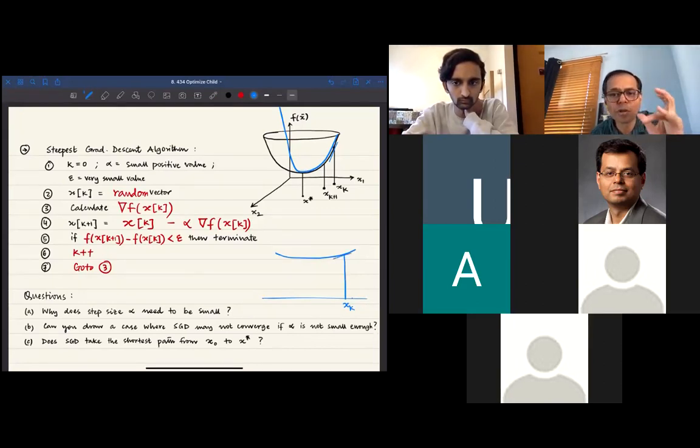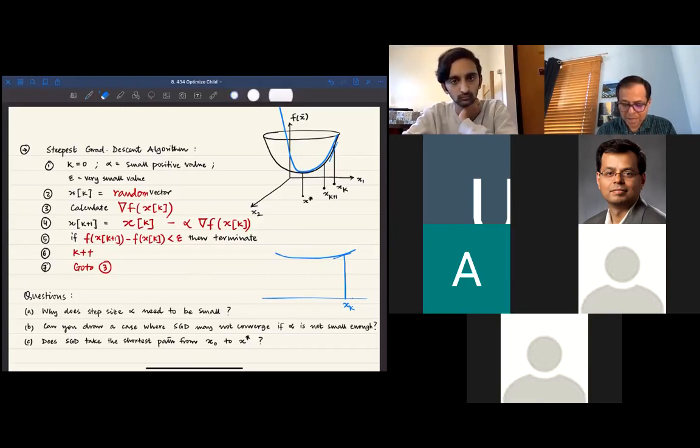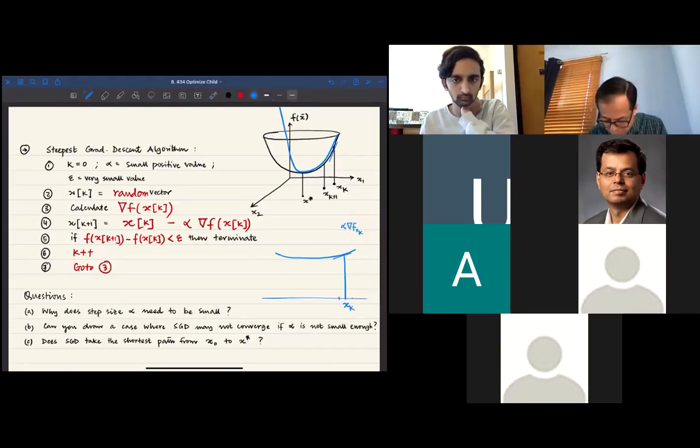So the gradient is almost close to 0. So now when you multiply alpha times gradient, whatever alpha is, because this gradient is very small, xk plus 1 is going to be very close to xk.